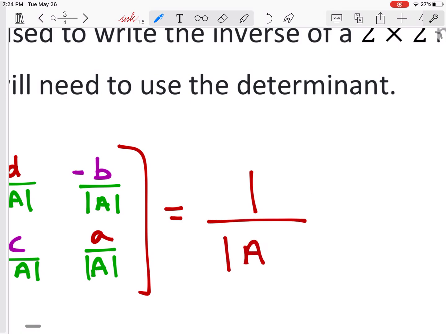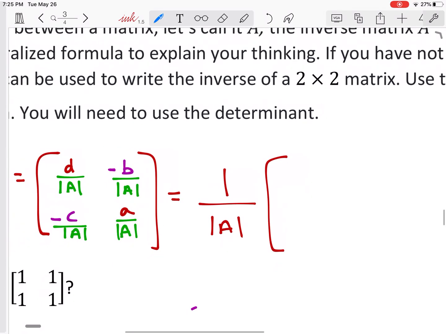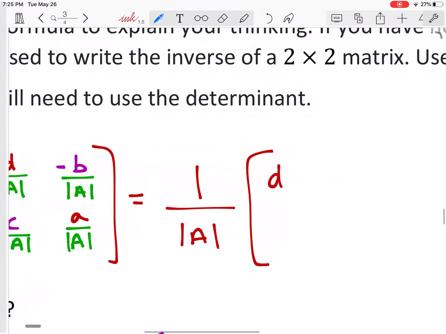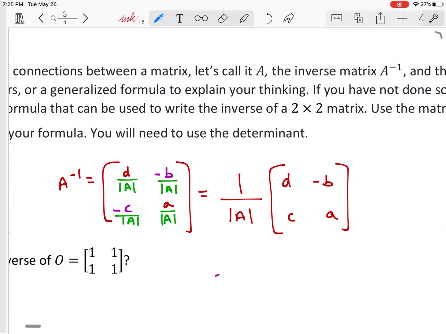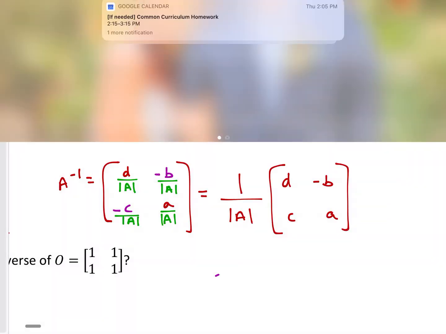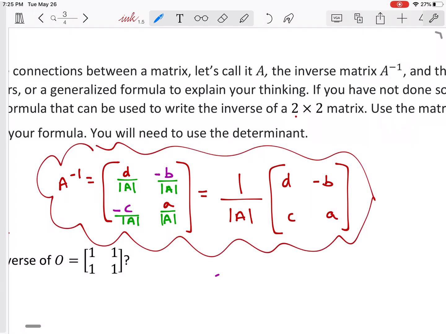Realize that we're really just multiplying every entry by the scalar 1 over the determinant of A. And then it's just D, -B, -C, A. So this is our general formula. You can use either of these. It doesn't really matter which one you use.